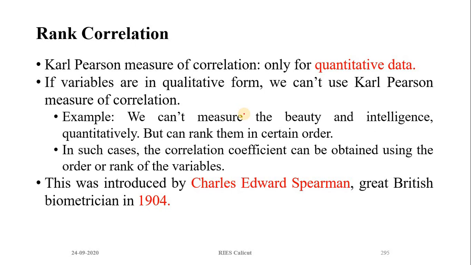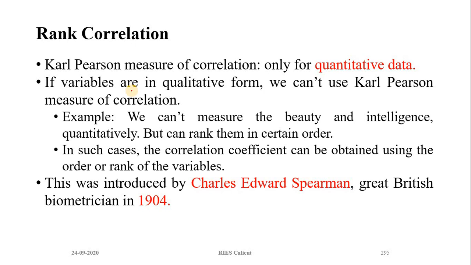That means this Karl-Pearson coefficient of correlation, suppose if the variables are in qualitative form, then we cannot use the Karl-Pearson measure of correlation. Sometimes we may deal with certain data that are qualitative. For example, if a beauty contest is going on, then how can we measure the beauty?